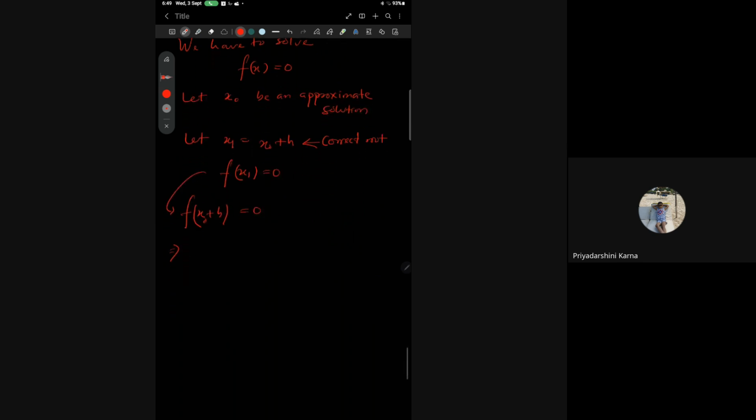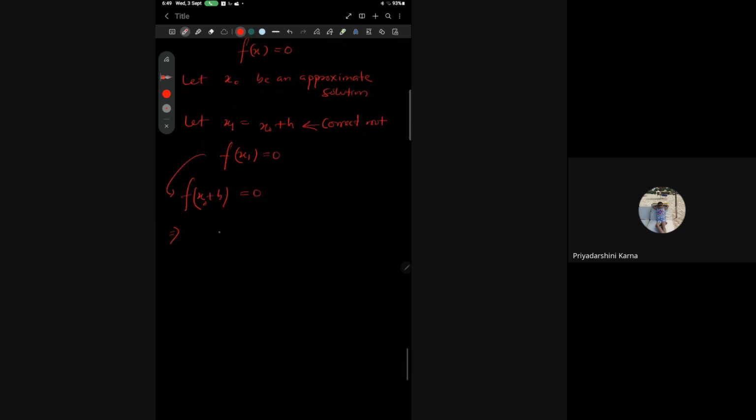This implies, if you do the Taylor series expansion, what we will get? f of x0 plus h f prime x0 plus h square by factorial 2 f double prime x0 plus up to h to the power n by n factorial f to the power n x0 is equal to 0.